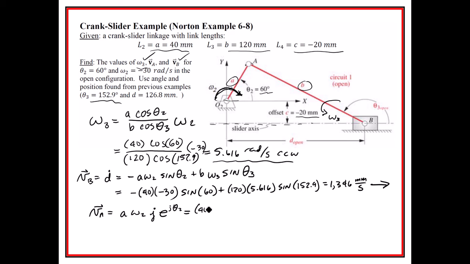So we got 40 times our negative 30, and then we're going to substitute for e to the j theta 2, and we know that's going to be negative sine of theta 2, or 60, plus j times cosine of 60. We end up with 1039, right? And then minus j 600.